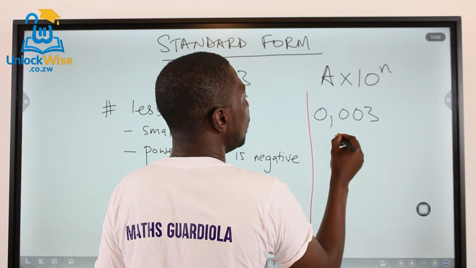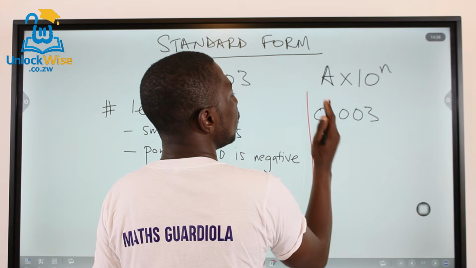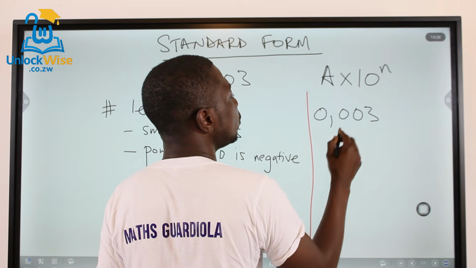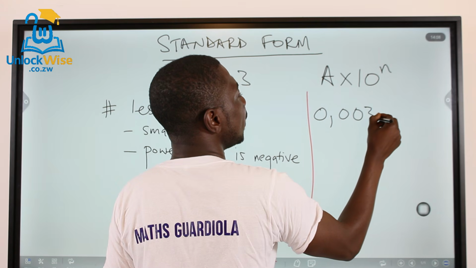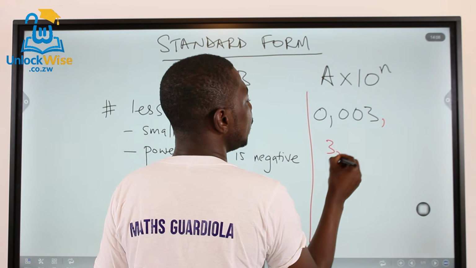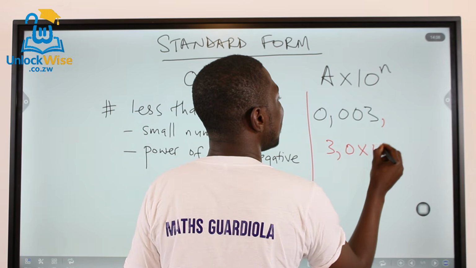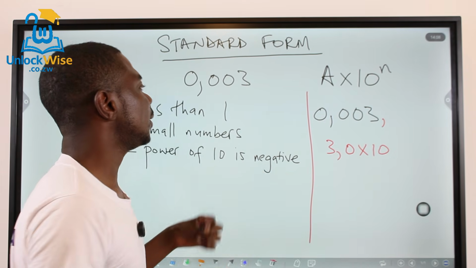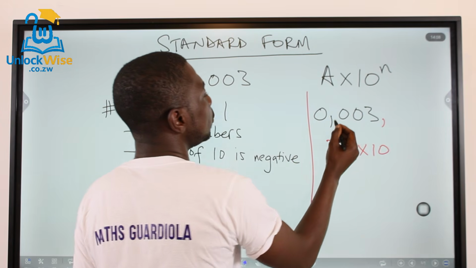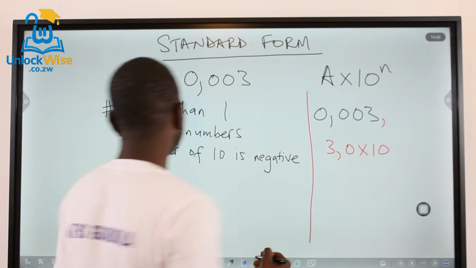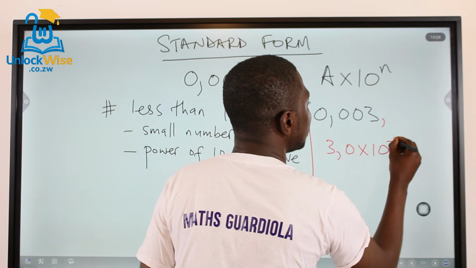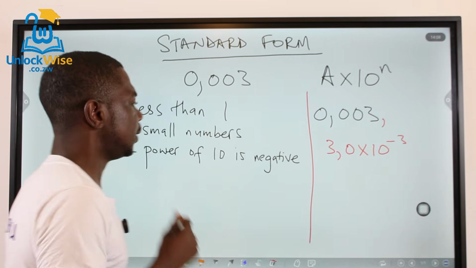You move your comma from left to right. After the non-zero number, that's where your comma should be. So our first non-zero number is 3, so our comma should be here. So we are going to write this as 3,0 times 10 to the power. How many times does our comma move to be on the position it now has to be? 1, 2, 3. But remember, I said the power of 10 is negative. So we are going to have this as negative 3, right?